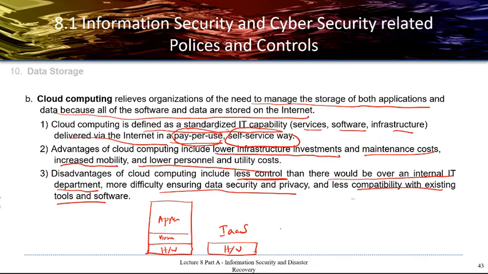But if they are giving you up to a virtualization, we call it platform as a service. And if they say, don't worry, your ERP application or email, I can give as a service, then we call it SaaS, software as a service.